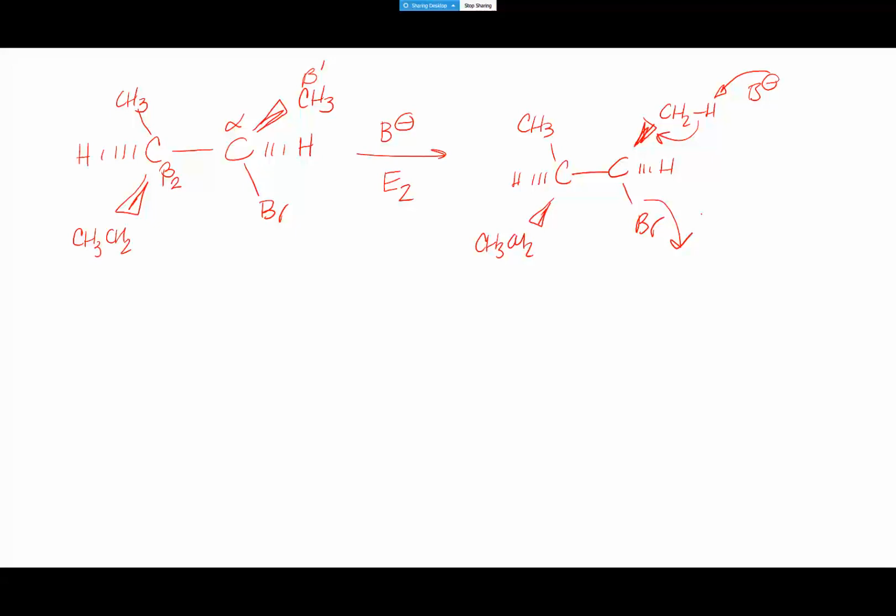And if it did that, what would the product look like? Well, the left-handed chirality would not change.